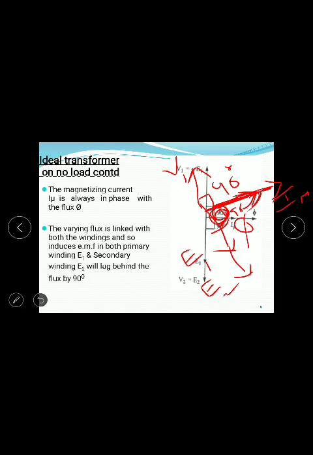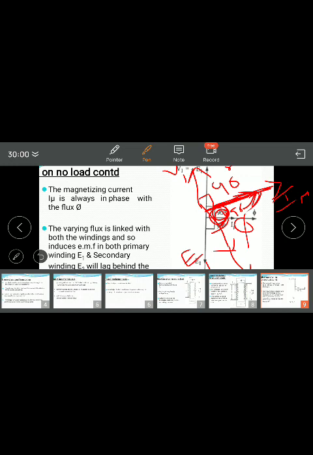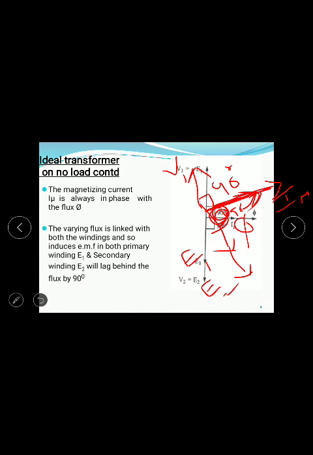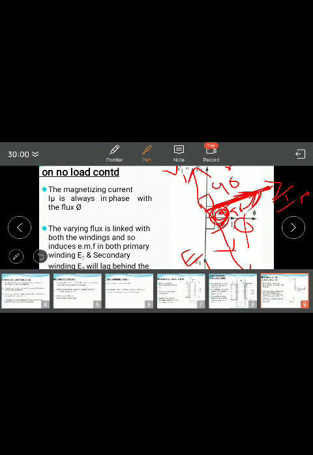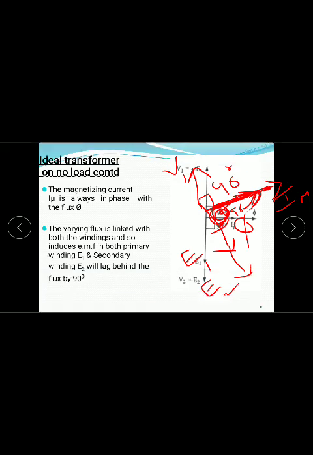See here, this is the V1, and this is the flux and I mu, and E1, E2.